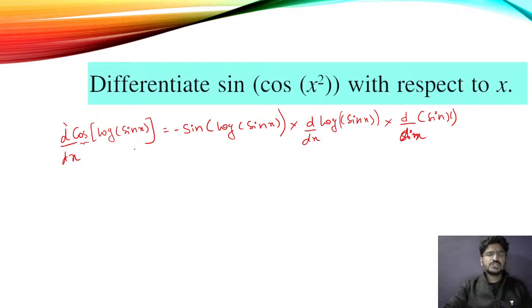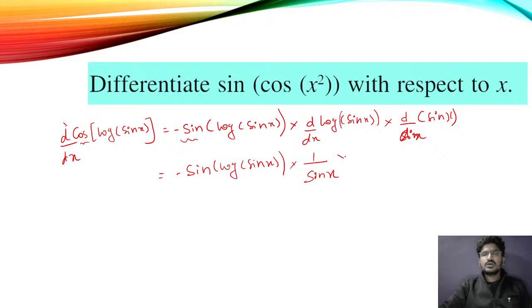First you have to differentiate cos, it will be minus sin of log sin x. Next you have to differentiate log of sin x. Next you have to differentiate sin x. So it will be minus sin of log of sin x. Here differentiation of log of sin x is 1 by sin x.